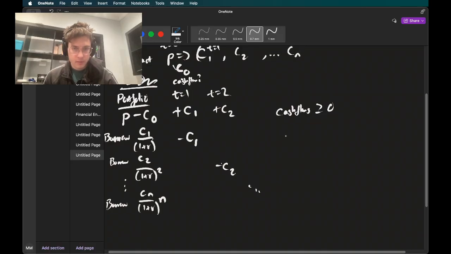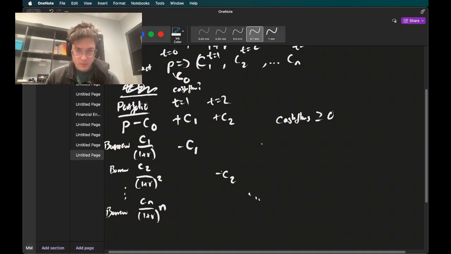Therefore, we can apply the weak arbitrage to determine that P minus C0 minus all of these borrowings, right? So at time equals 0, we have money because we borrowed it. That's the idea.